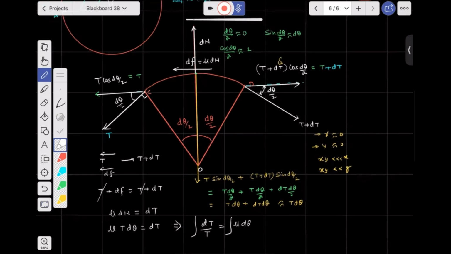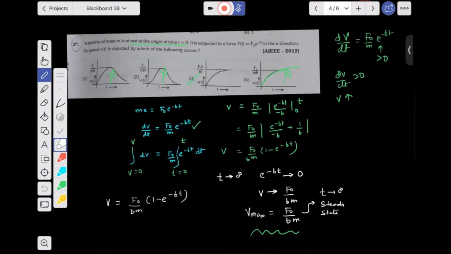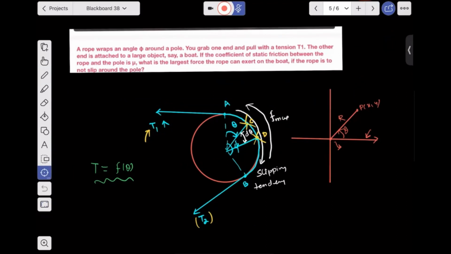See, the point where the contact starts is A, where θ will be 0. The point where the contact ends is B, where θ will be φ. The tension at A will be T1 only, because from this end point till A we don't have any friction force, and the rope is massless.